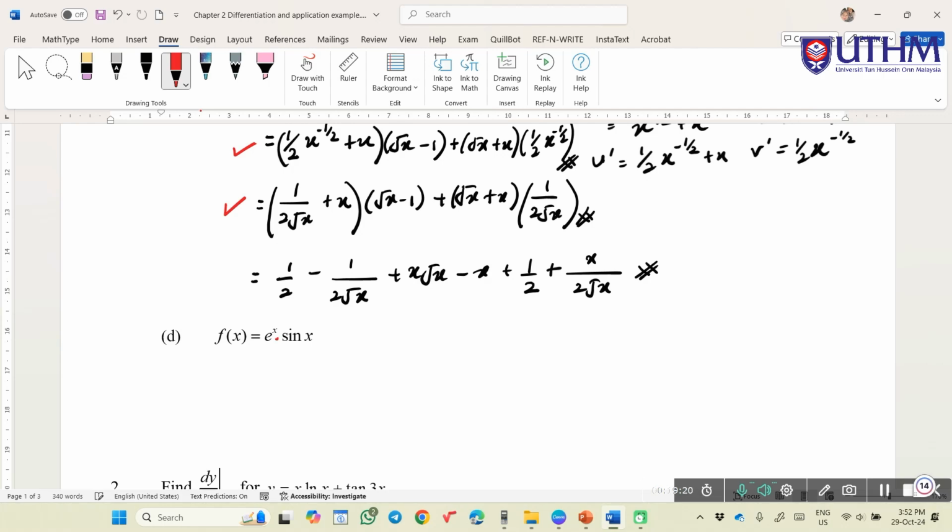So let's say this is u, this is our v. So our f prime x is given by this formula.